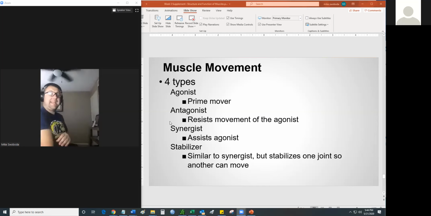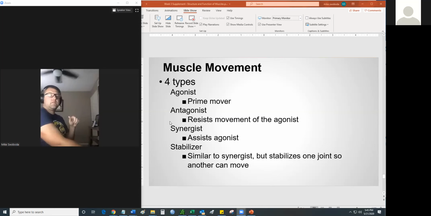Now, a synergist does the exact same motion or movement as the agonist or the prime mover, but typically they're smaller muscles. In your arm, you have 3 main elbow flexors. You have your biceps, you have brachialis, and you have brachioradialis.